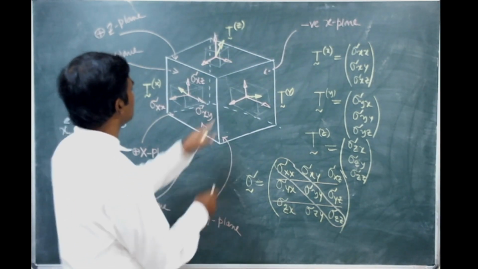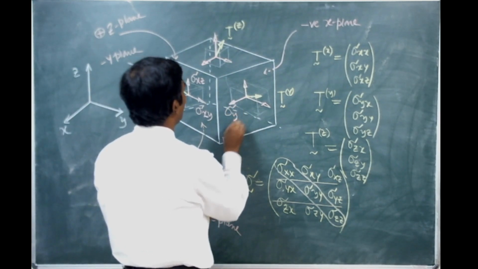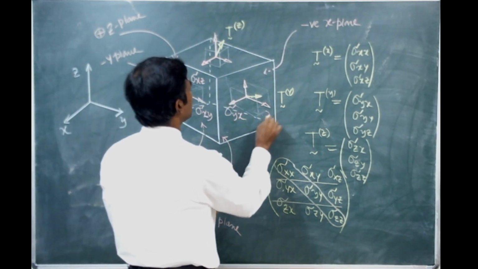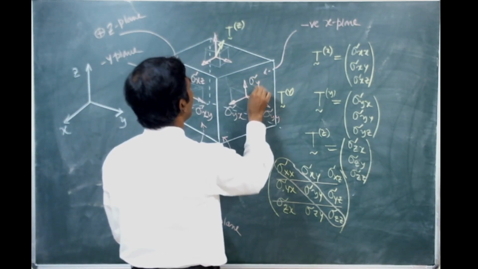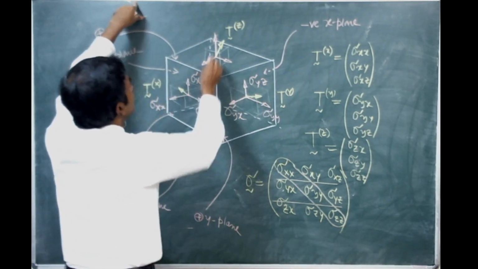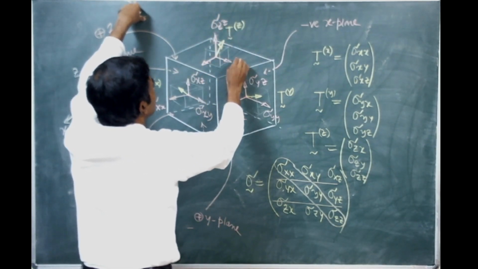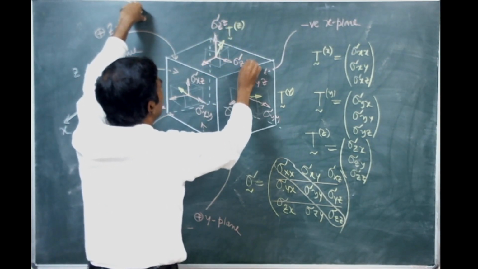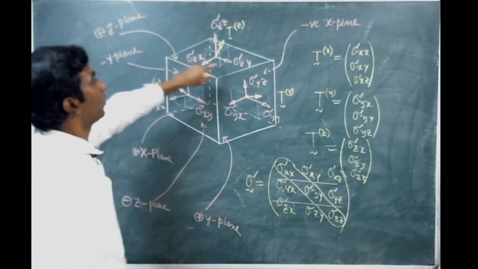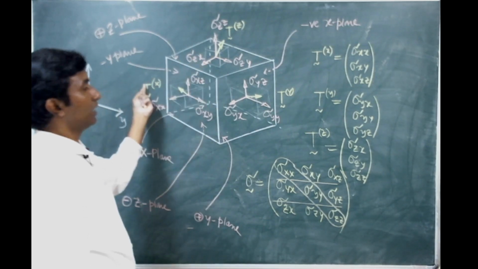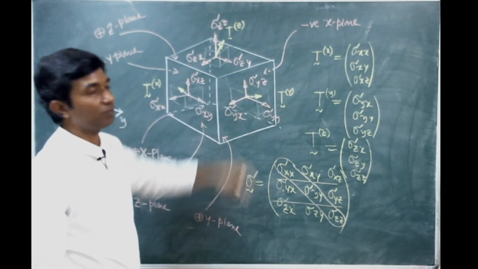This should be sigma yx, sigma yy, sigma yz. Here you see sigma zz, sigma zy, sigma zx. So it is the positive z plane, positive direction, positive.